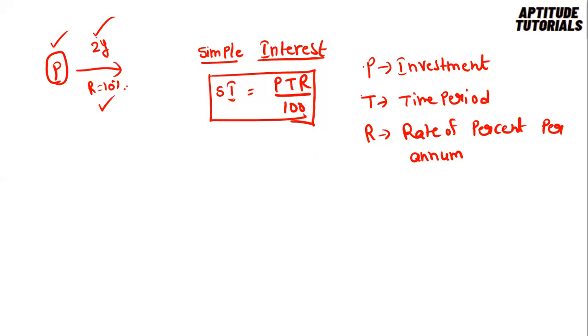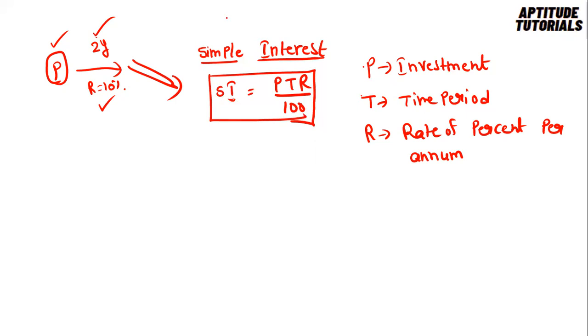This is the time period, this is the rate of interest. Using this formula, you calculate the interest that you need to pay the person. You have the formula already, and the only things needed are the investment, time period and rate of interest to calculate the interest value. So this is the formula method.